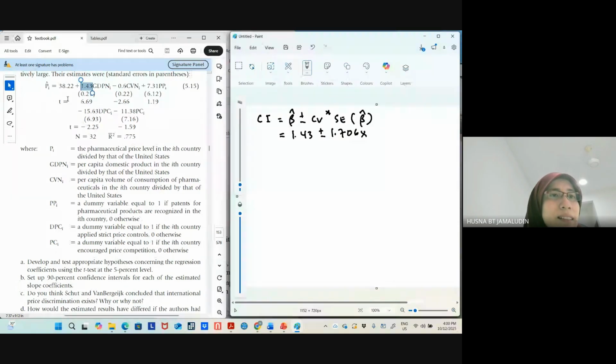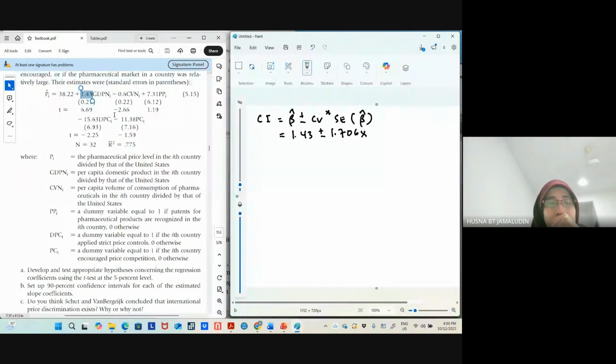Where is the standard error? Normally, standard error will be given in the parentheses. This is your standard error, so multiply with the standard error, 0.21. If you want to compute the confidence interval, you start with minus. Minus will give you the lower level, and plus will give you the upper level. So can you do the minus first and give me the answer?